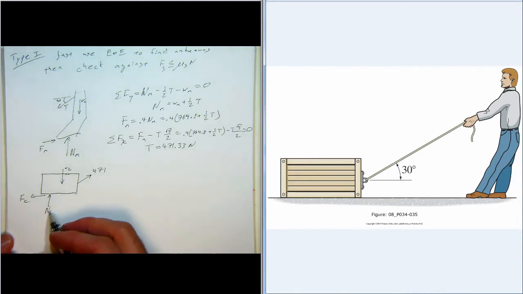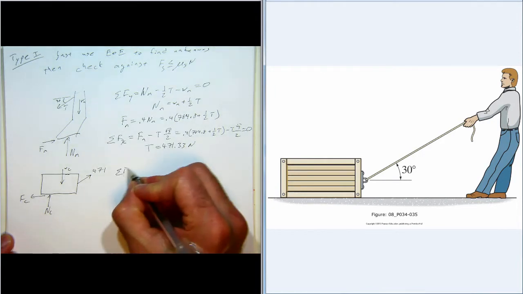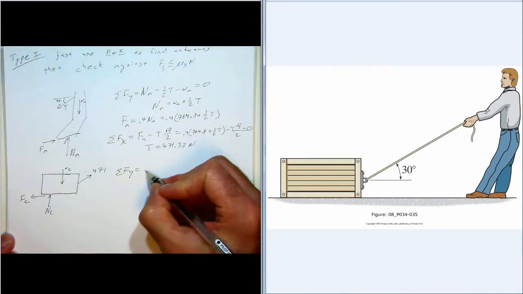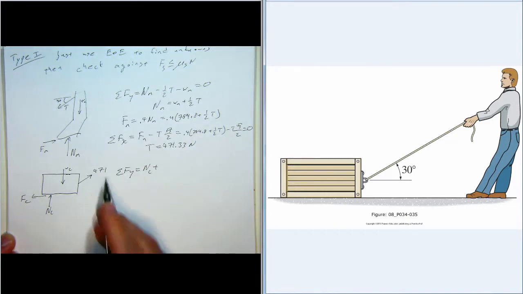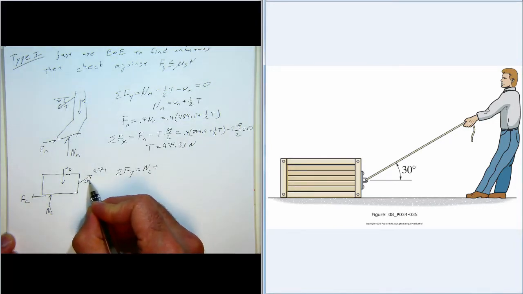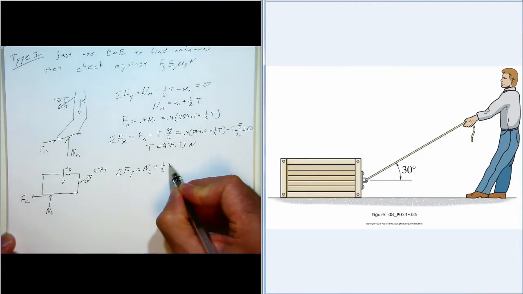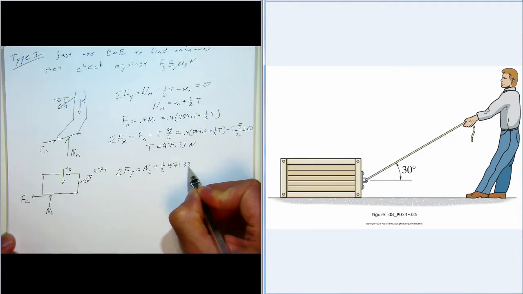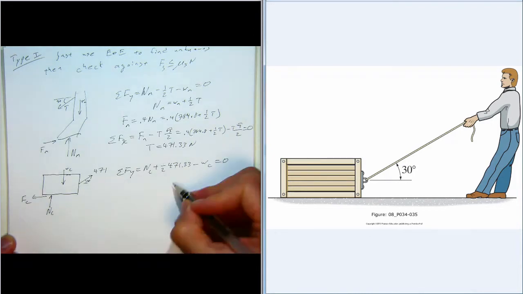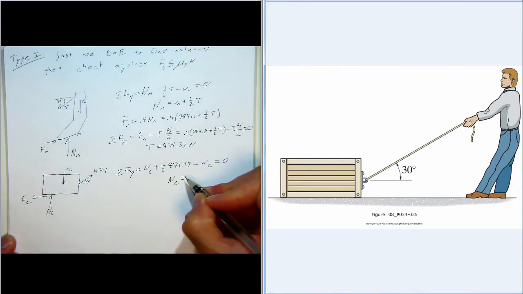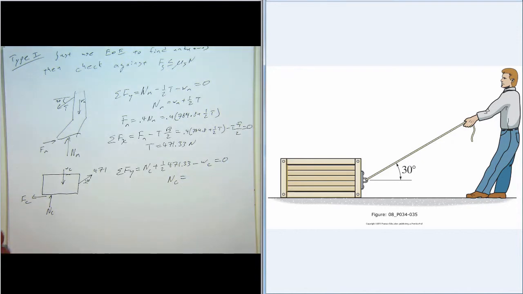And so we'll find first the normal force. 471 times the sine of 30 is half of 471. And then negative Wc, and that all adds up to 0. So we get the normal force of the crate. The weight of the crate is 150 times 9.81.